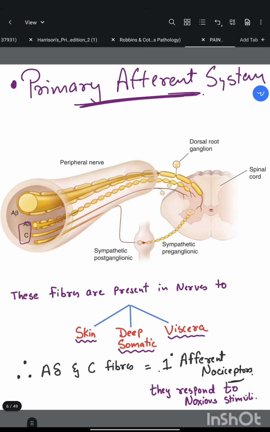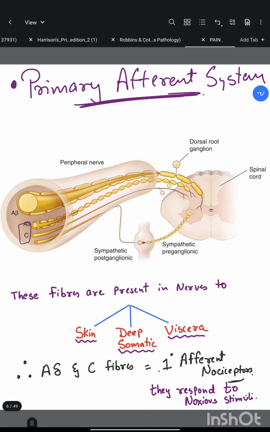These things must be rapidly transferred to the spinal cord and via the spinal cord to the brain. Hence, these A beta fibers, which are large and myelinated, are responsible for light touch, vibration, position sense. But as far as pain is concerned, pain is a sensation and hence sensory system. These are the A delta and C fibers.